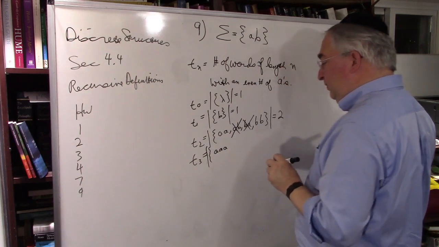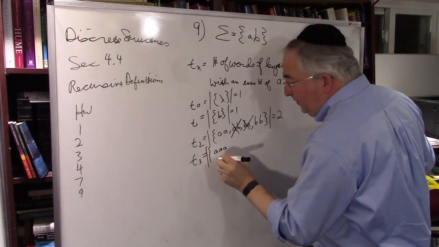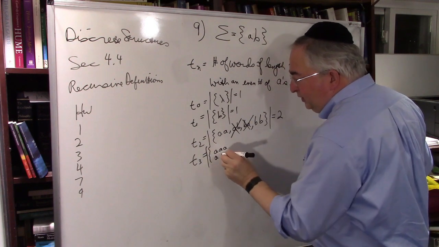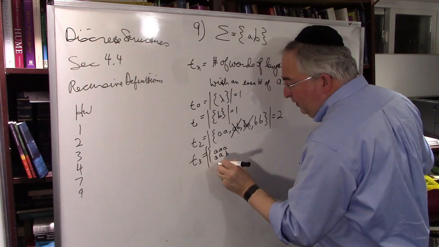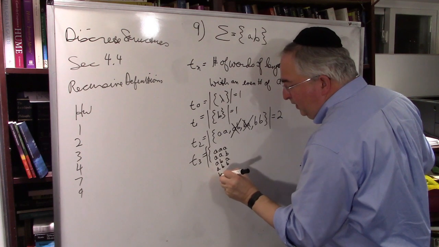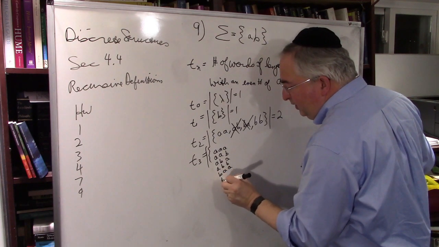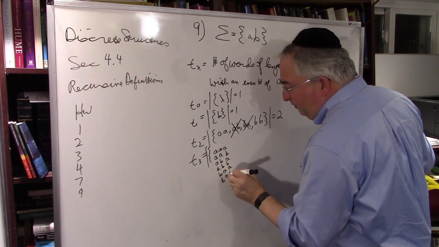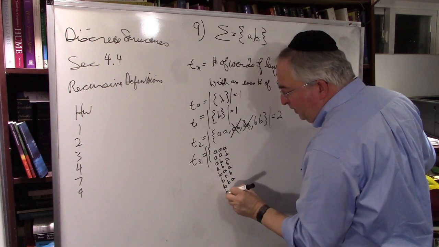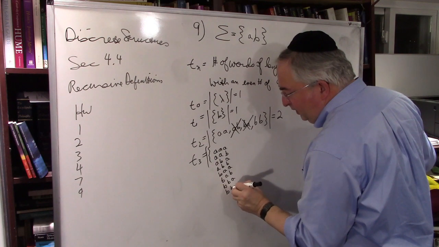Let's write them all out. AAA. It's going to be a pain in the neck, but fine, let's do it. We'll do it like logic: AAB, ABA, ABB, BAA, BAB, BBA, BBB.